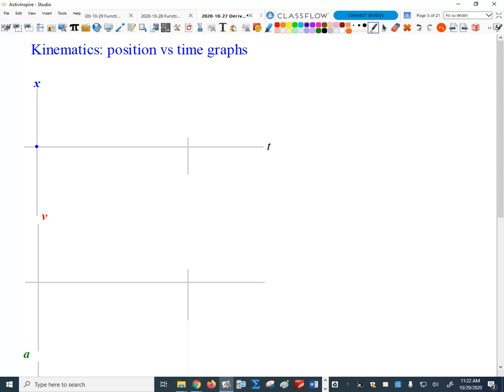And as I moved to the right, I was picking up speed. Andy, what do you think that graph's going to end up looking like then? Would it be like a parabola? Okay, yeah, parabola. So it's starting flat, and it's picking up speed like that. Everybody agree?